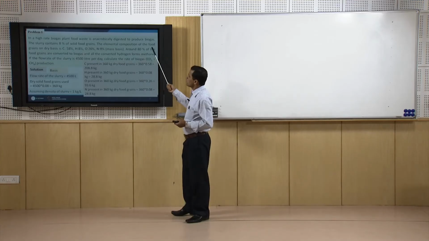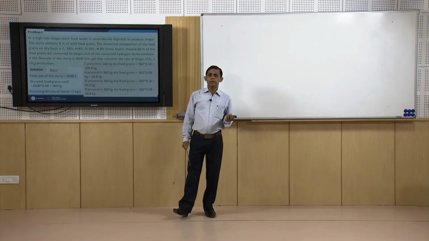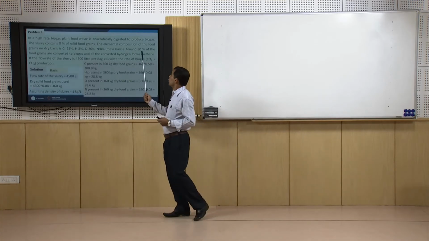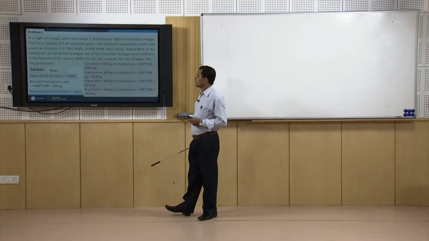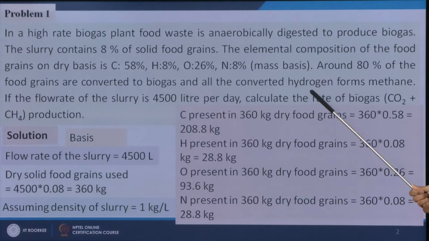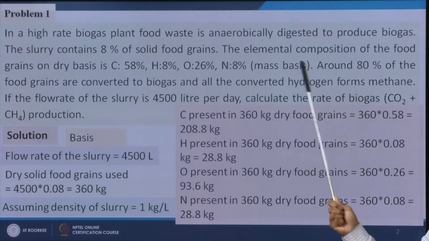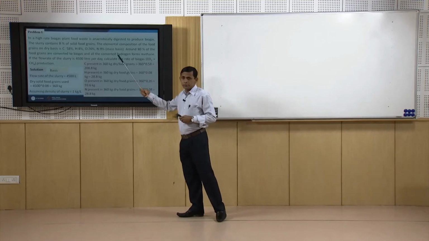Then around 80% of the food grains are converted, so all these components will also be converted 80%, we can assume. Then another condition is given, that all converted hydrogen forms methane. So, at first we will calculate how much methane is produced on the basis of hydrogen conversion.